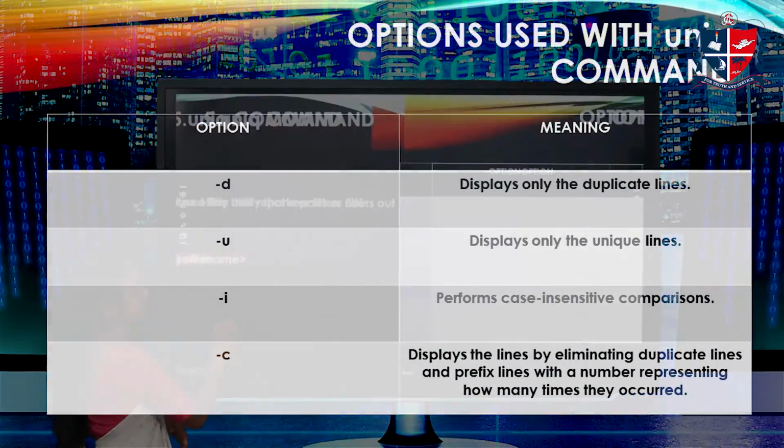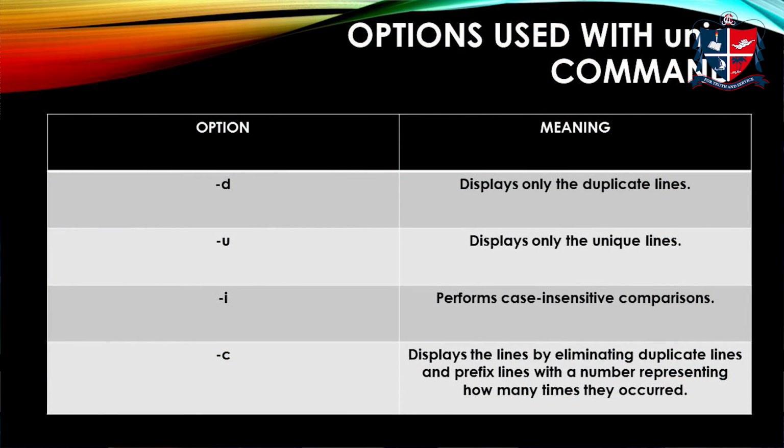So the options that can be used with the uniq command are -d, -u, -i and -c. -d, when used with this uniq command, will be displaying only the duplicate lines in that file. In that file, there may be many duplicate lines. So when this command along with the -d option is used, it will be displaying only those duplicate lines in that file.